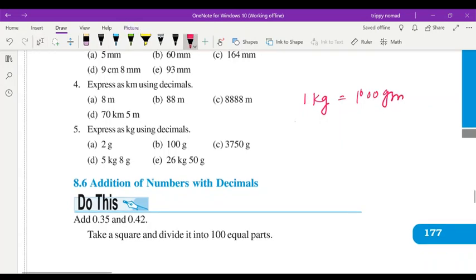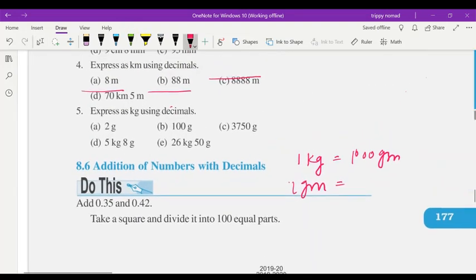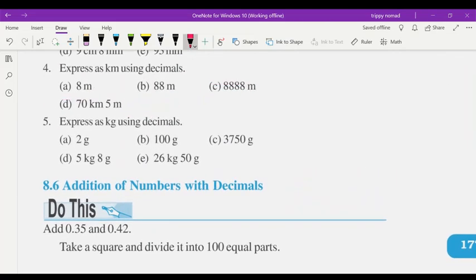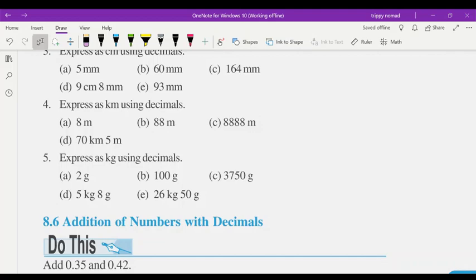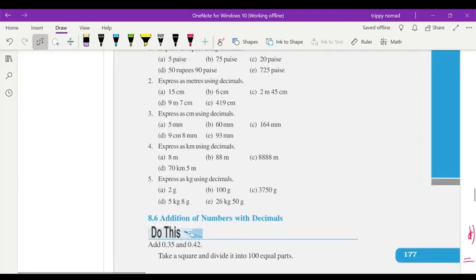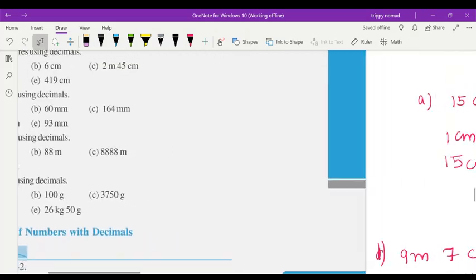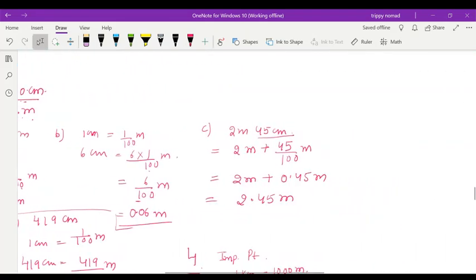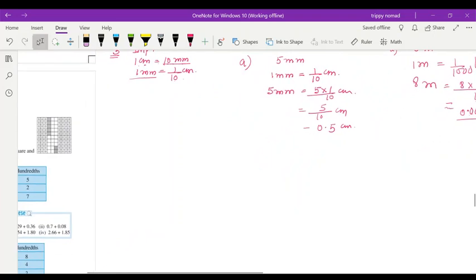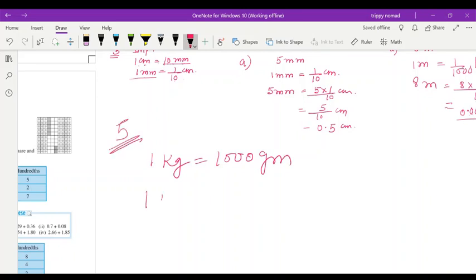And then 1 gram is equal to 1 upon 1000 kilogram. Okay, for question number 5.